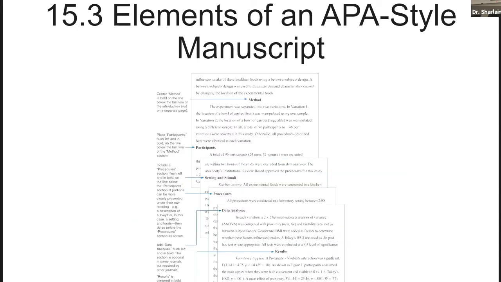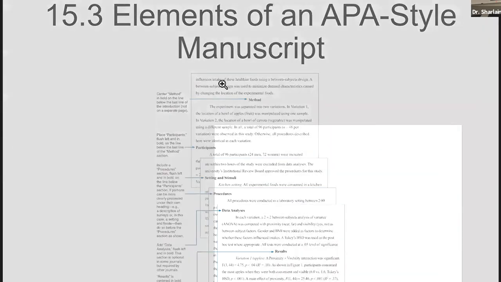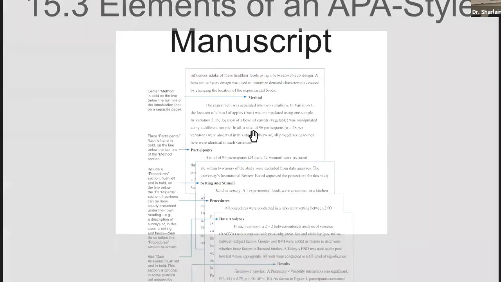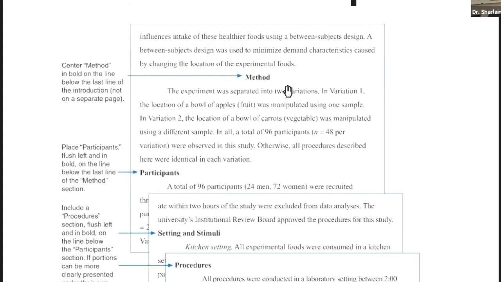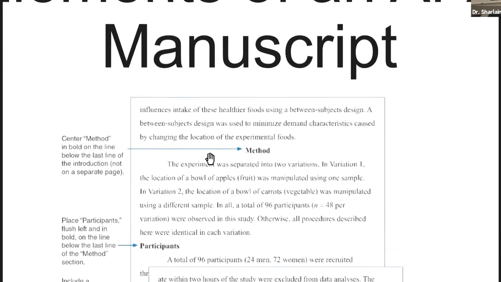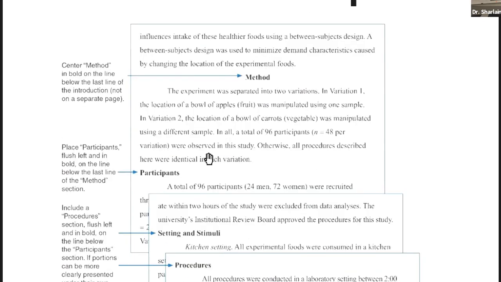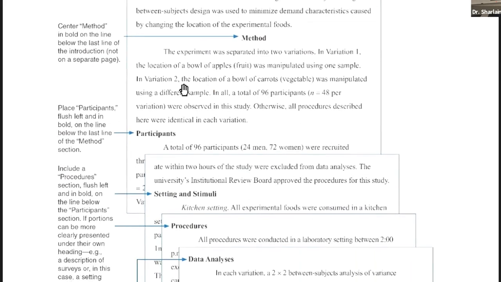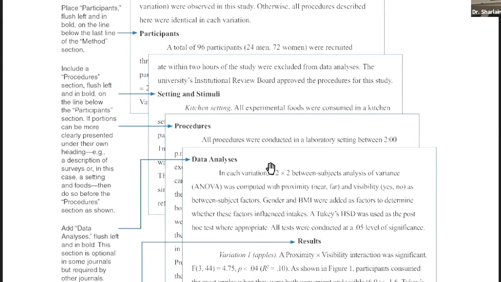So if I show you an illustration, you'll see that generally when we are talking about the methods section, as I mentioned, it's going to have little subheadings. So for instance, participants, what was the setting, what was the stimuli that you presented.